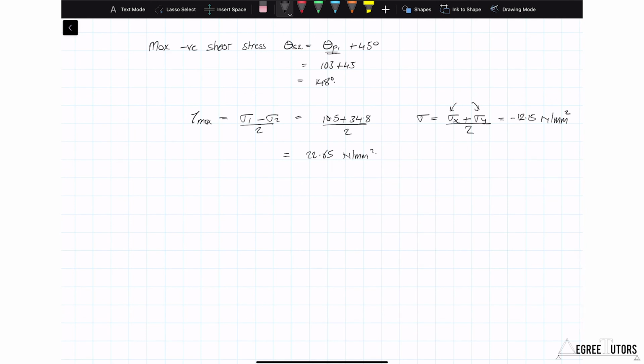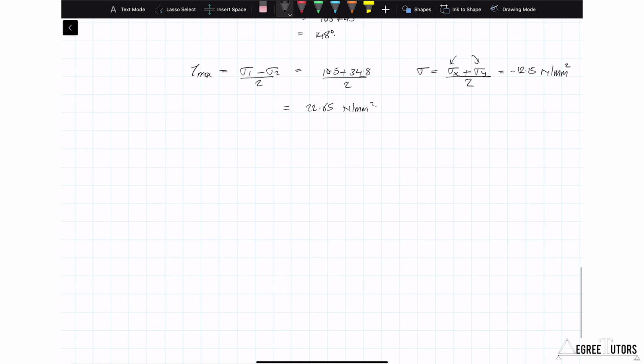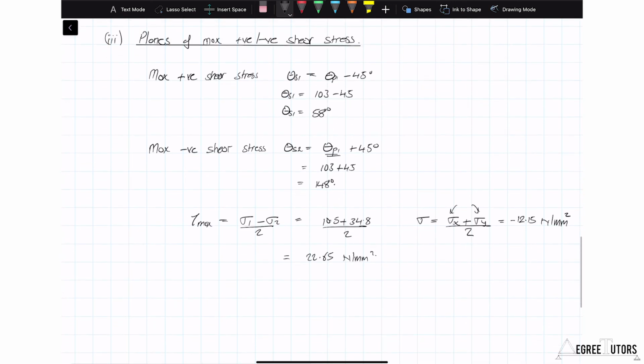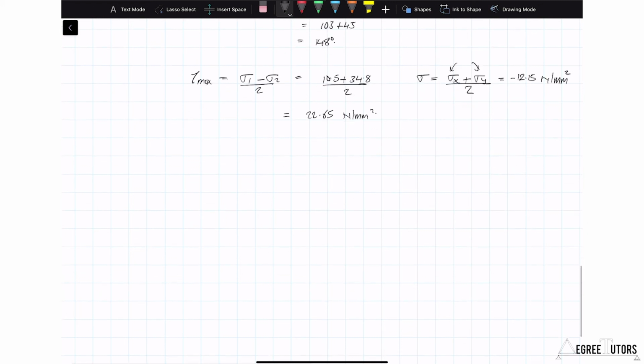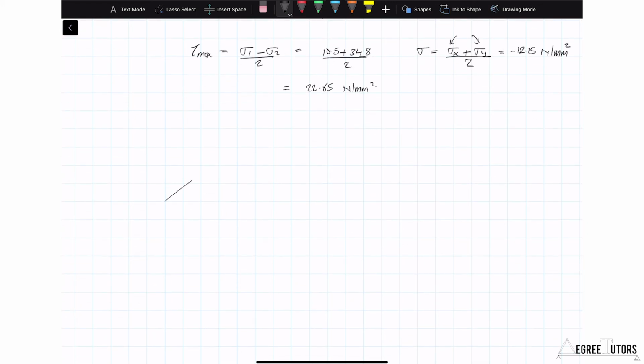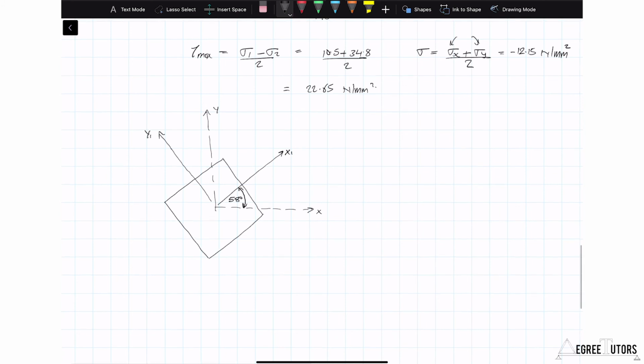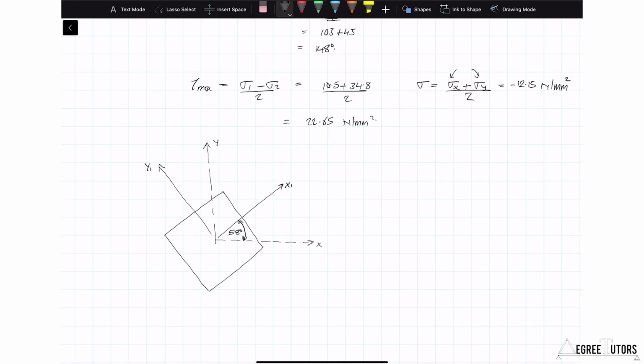Right, let's just sketch that out. It's important that once you arrive at these sets of numbers, straight away you move to do a quick sketch. So this is going to have a face, theta s1, orientated at 58 degrees. So if I sketch that, it's going to look something like this. We said that the stress on that face was 22.65, the maximum positive shear stress, and that's a positive face. So to get a positive shear stress, we must have the arrow pointing in the positive y1 direction, which is going to be this direction here.